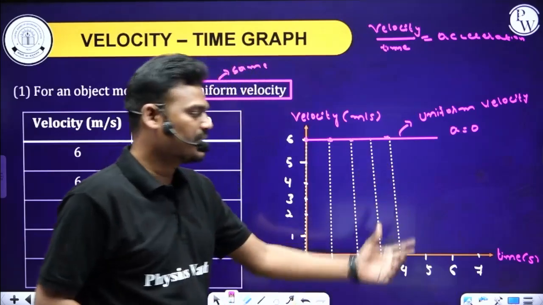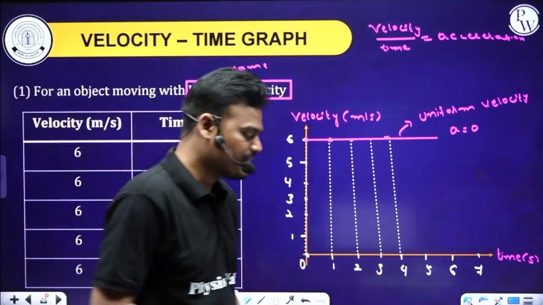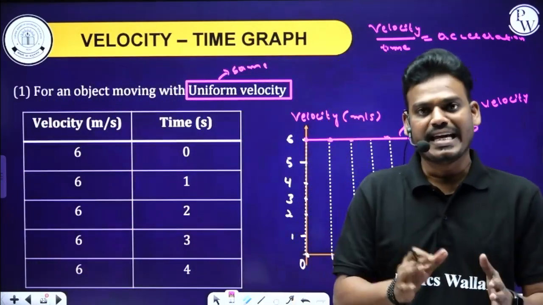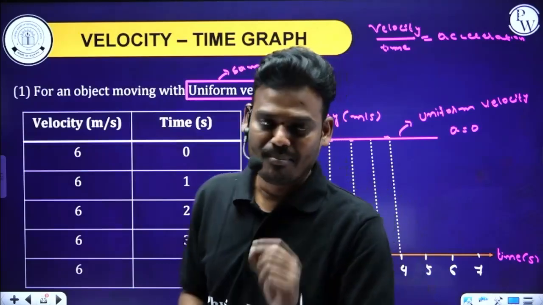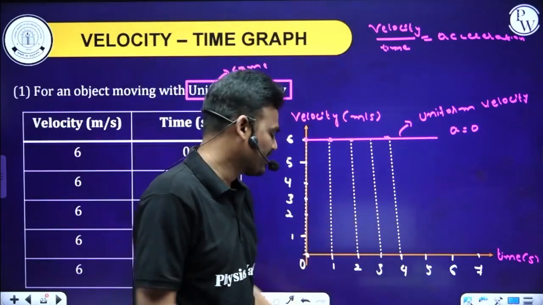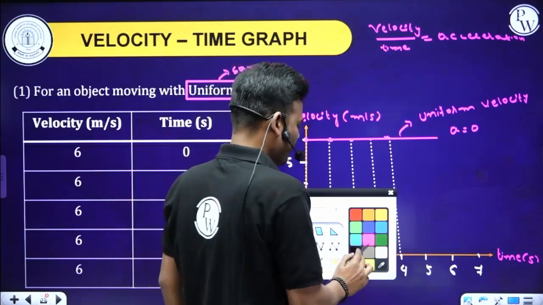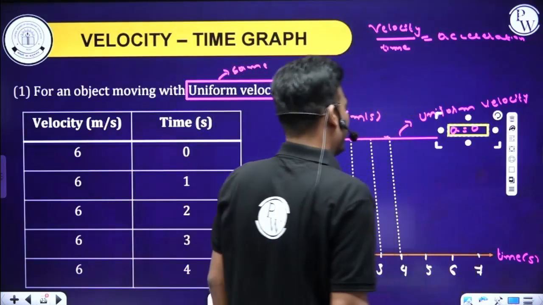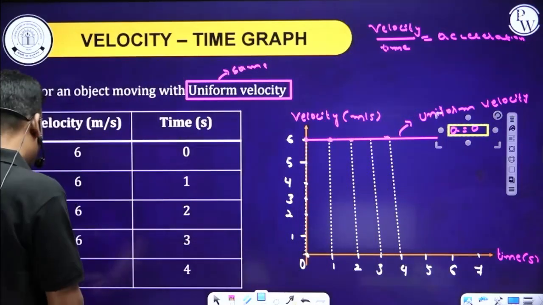Means the velocity is not changing. According to the definition, acceleration is nothing but change in velocity divided by time. But here there is no change in velocity, hence acceleration is 0. Now let's move on to the next case.